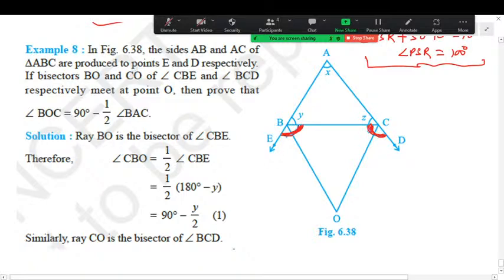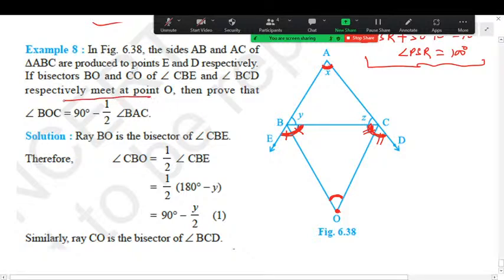And here we have drawn the angle bisector of both. This angle bisector and this angle bisector meet at a point. Let's say it is O. This is the given part. And the part that they want you to prove is that angle BOC should be 90 minus half of angle BAC.